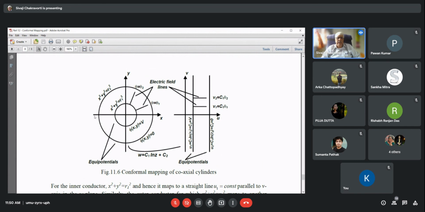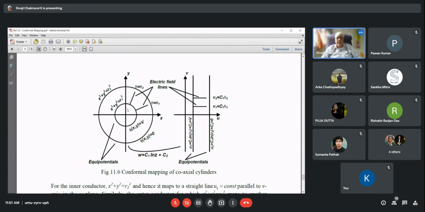Then the outer sheath, or the outer cylinder, is also an equipotential, and if the radius is r2, the equation is x² + y² = r2². Then any radial line will be normal to these two cylindrical surfaces, and these radial lines will be the electric field lines, and each radial line will have a certain angle.